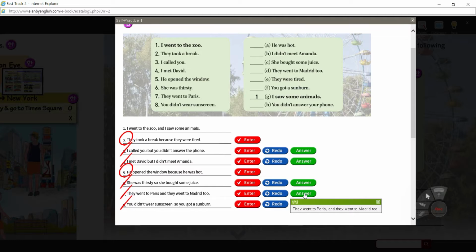Interesting. Okay, so let's redo this one. And let's redo this one.